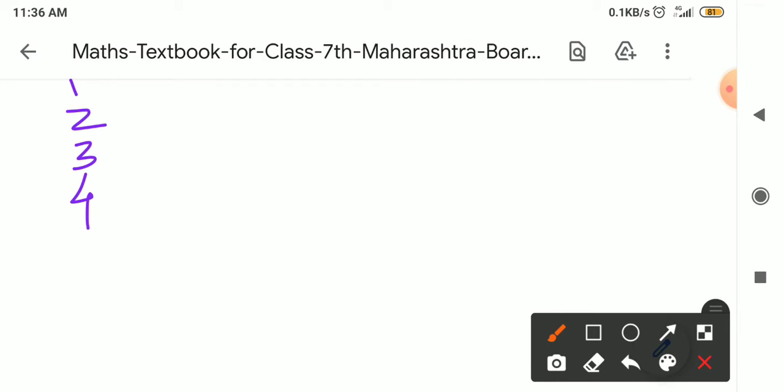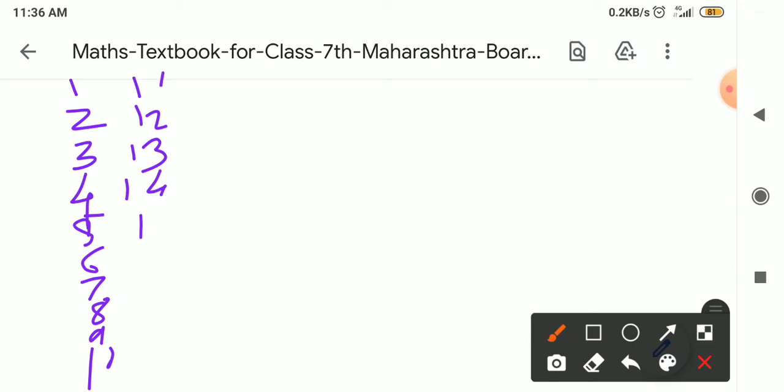This is the activity you have to do today. In that way you have to write all the numbers till 100.